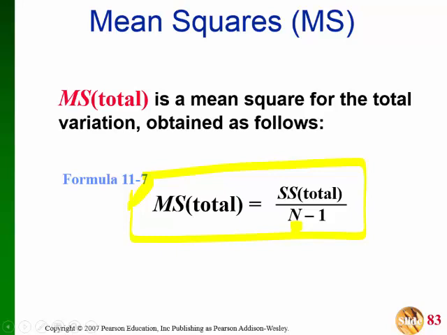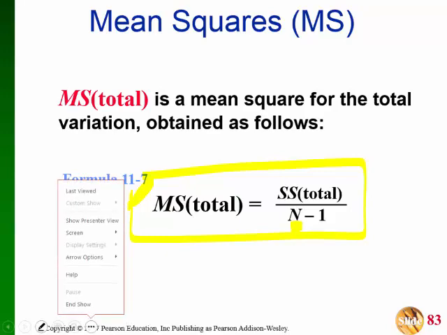Big N is the number of all the samples total together, so the grand total. One way to find that, if they're all the same sample size, little n, and there are k categories, is just little n times k. We had 5 in each category, right?